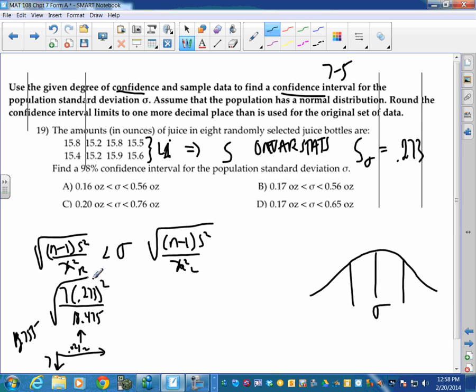18.475, square root 7.273. Is that 18.47? Yeah. All right, so I'm going to go down 7 degrees of freedom. So it's 1 minus 0.02 divided by 2, or 0.99. Degrees of freedom are 7. 1.239, is that right, for your left bound for your chi-squared?